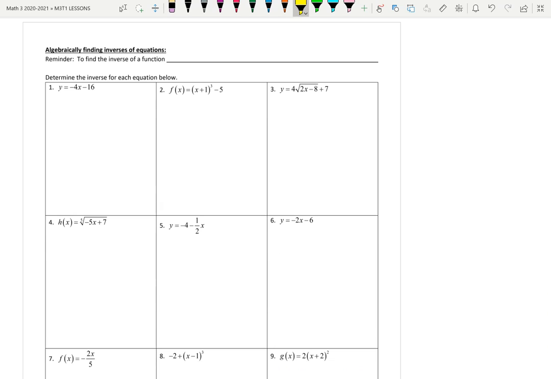All right, remember, to find the inverse of a function, think of the 1, 2, 3. Step 1, replace all of your x's with your y's, and vice versa.